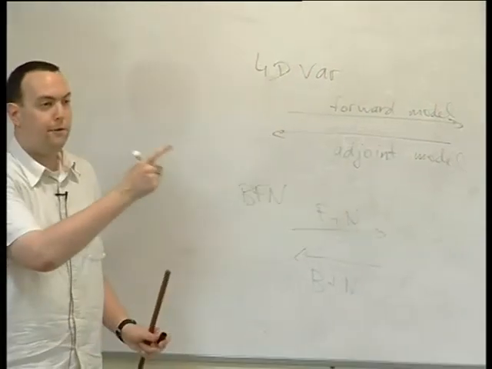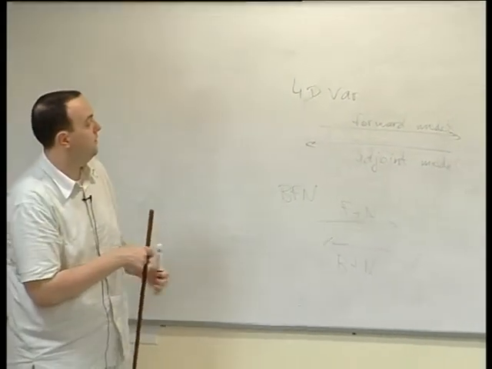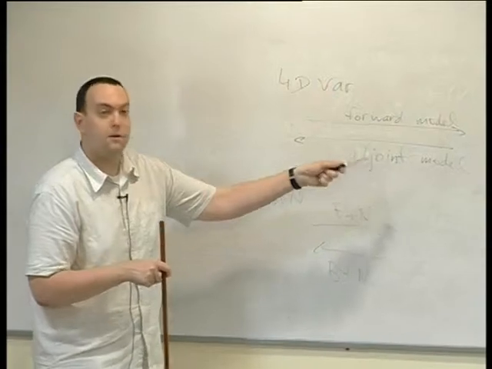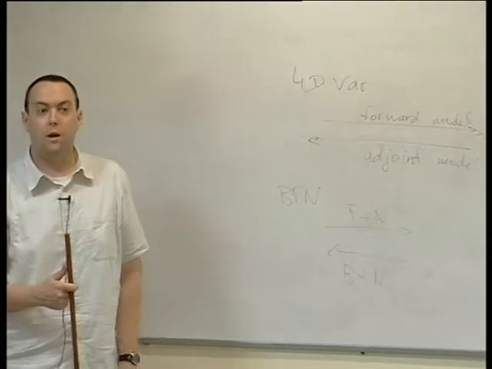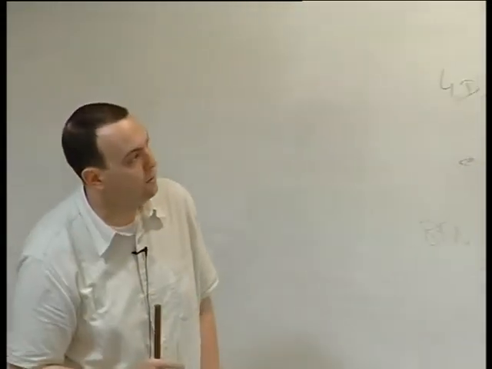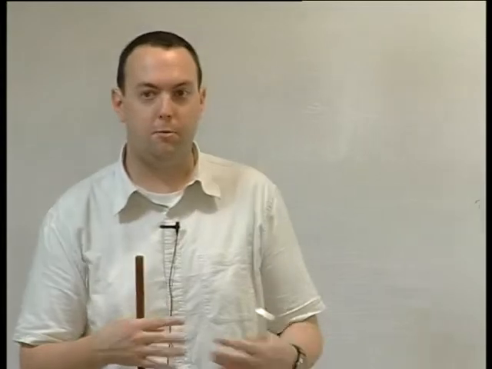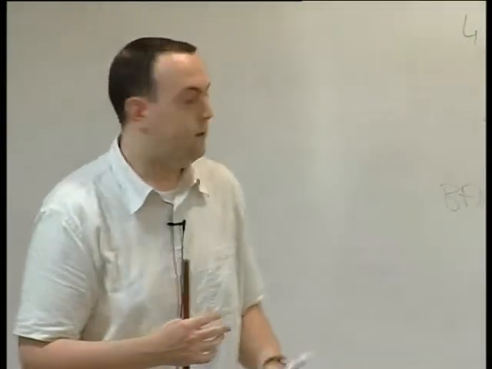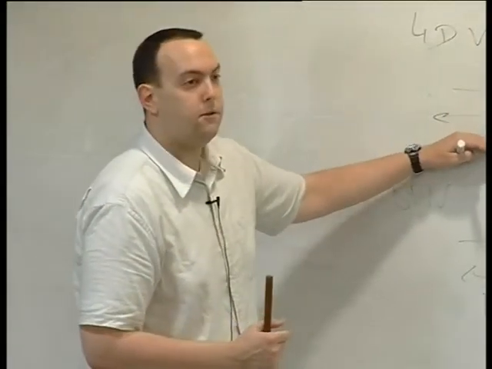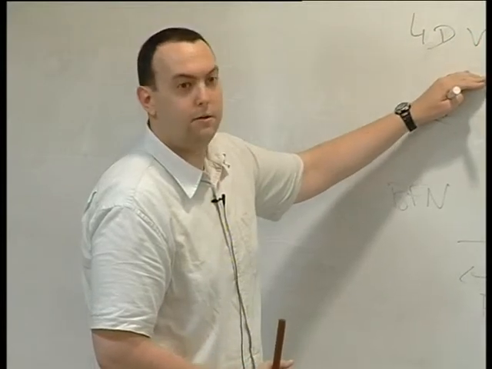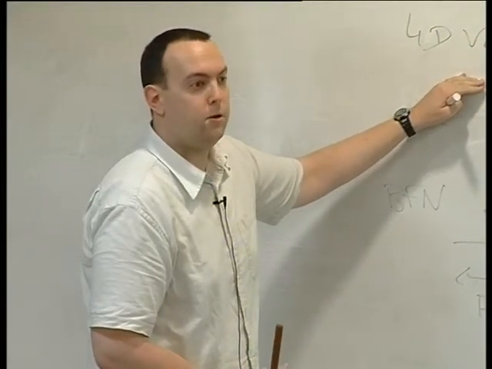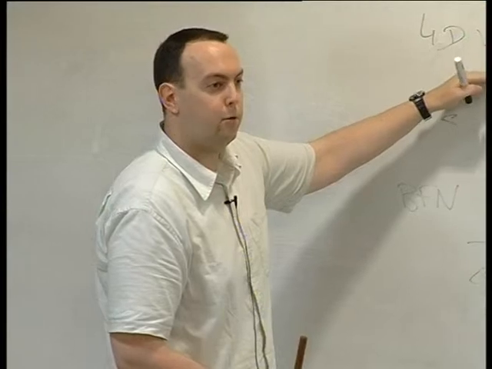So both algorithms consist in iterating forward and backward models. If you use the same number of iterations, it should be almost the same computational cost. But in fact, the adjoint is much more expensive than the standard model, usually 3 to 5 or 8 times the forward.